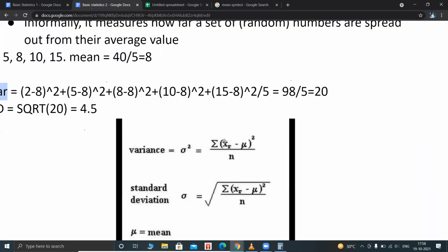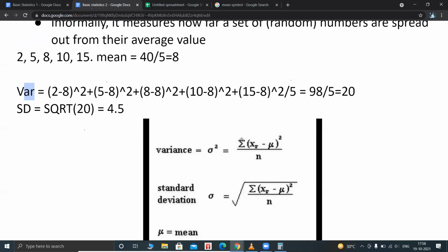This x represents each data point. X1 is the first data point, X2 is the second, X3 is the third, X4 is the fourth, and X5 is the fifth data point. See here, 2 minus mu. Mu is nothing but the mean.